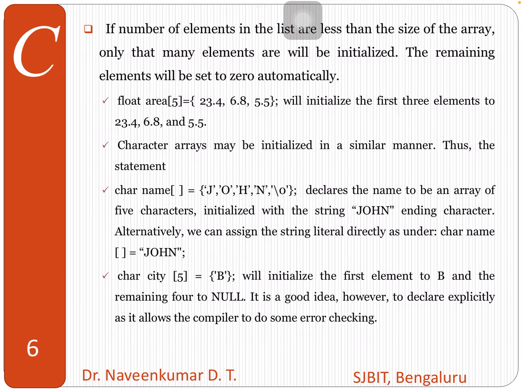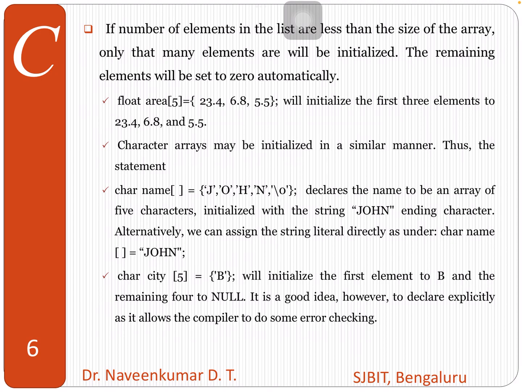Now, what if the number of elements in the list is less than the size of the array? We may declare the size of the array as 5 or 10, and if we enter only 2 or 3 elements inside, the remaining elements will be set to 0 automatically by the program.